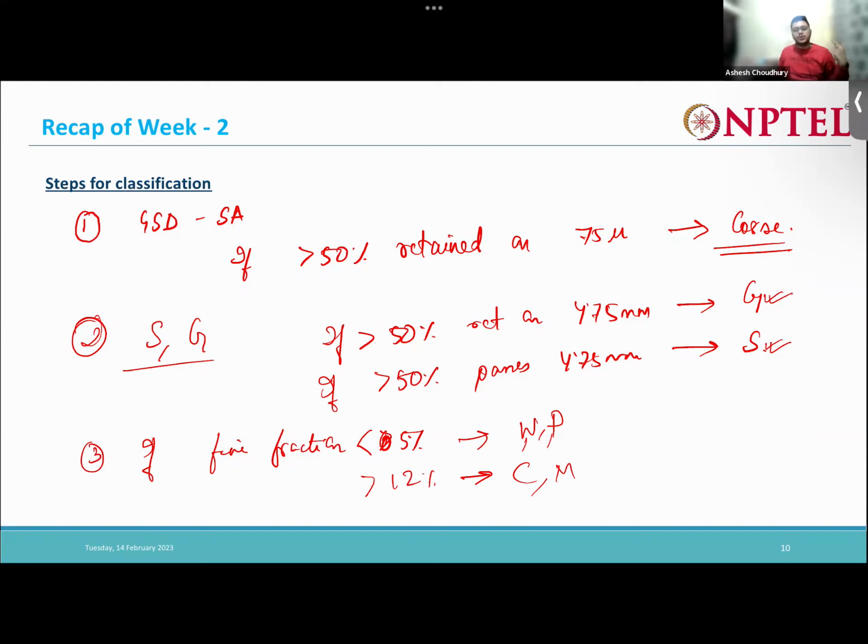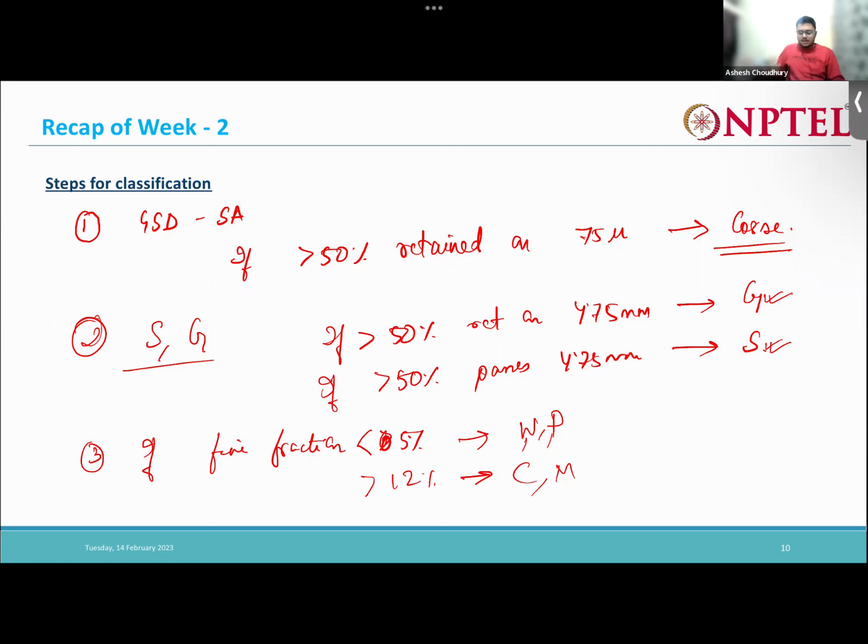From that you get the liquid limit and plastic limit, and also the plasticity index. Then you plot the point on the plasticity chart. If it's below the A line, it will be M. If it's above the A line, it will be C. Like this, you can find the suffix of your nomenclature. It will be either SC, SM or GC, GM.